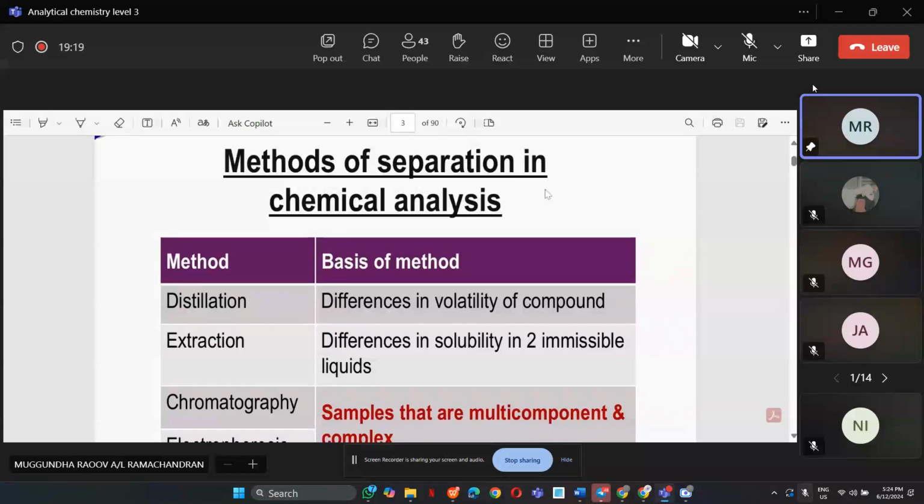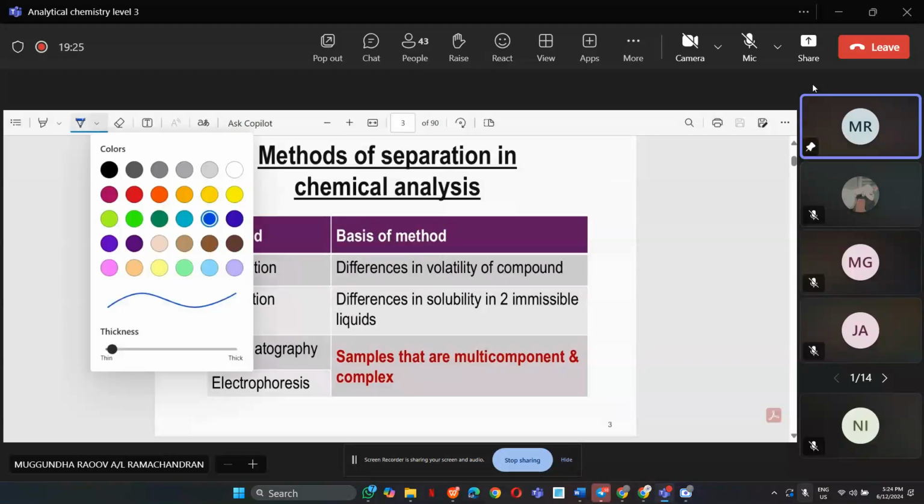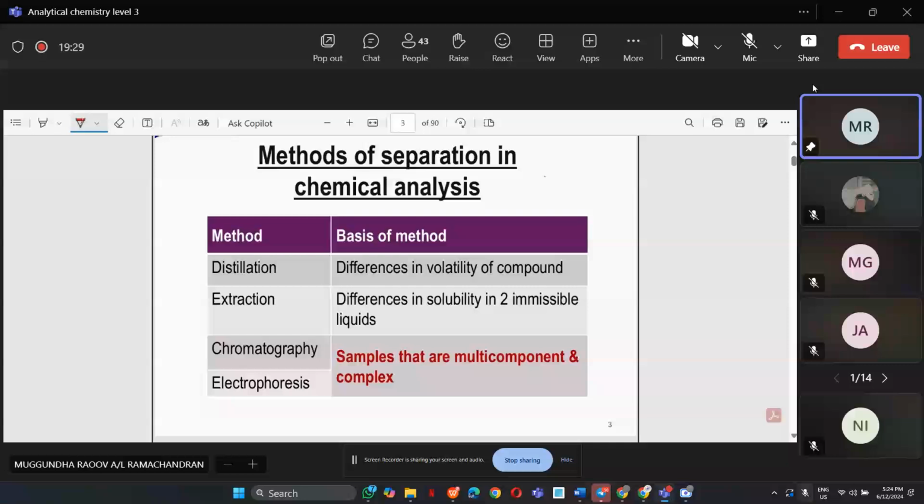Now, when we are talking about methods of separation, we have so many of them. For example, distillation is one method, and there are also extraction, chromatography, and electrophoresis. All these are considered methods of separation, but the basis of each method is different.